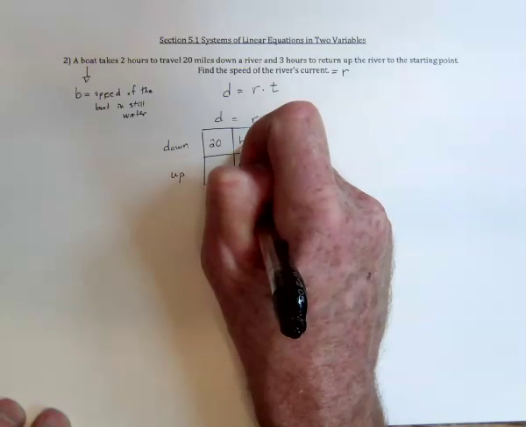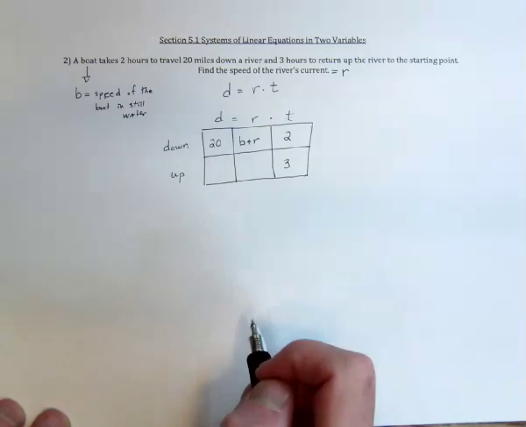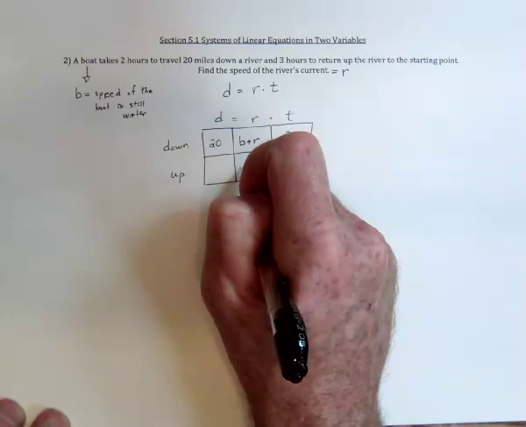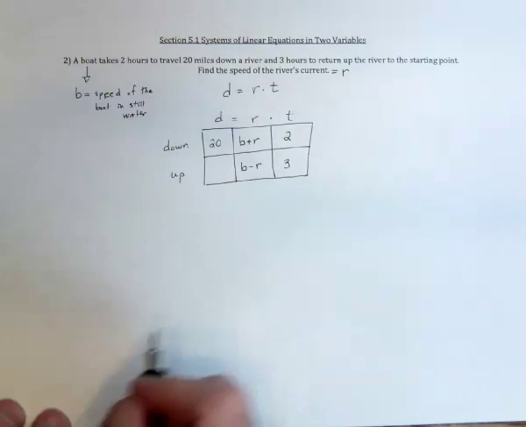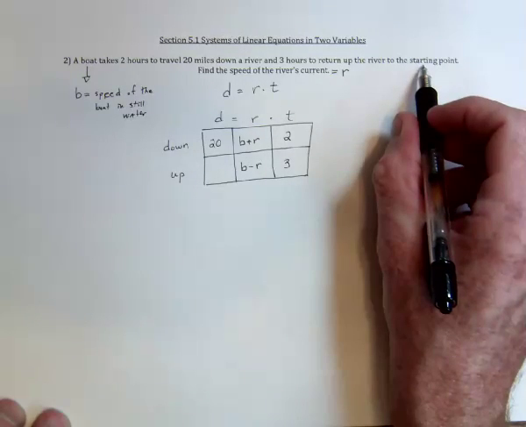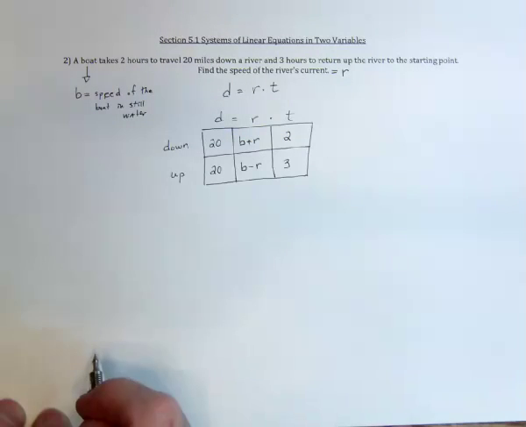So they've got their own speed plus the speed of the river. Likewise in here, for the return trip, the river is going to be slowing them down, so subtract R for the total speed. And since it says they return back to the starting point, then going back will take 20 miles.